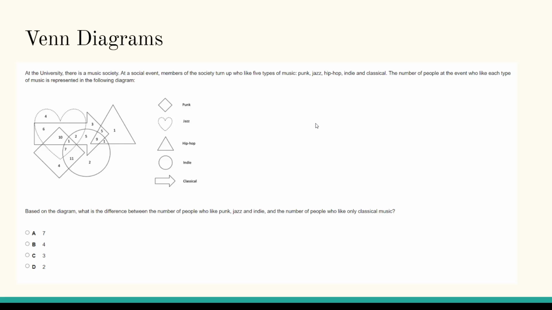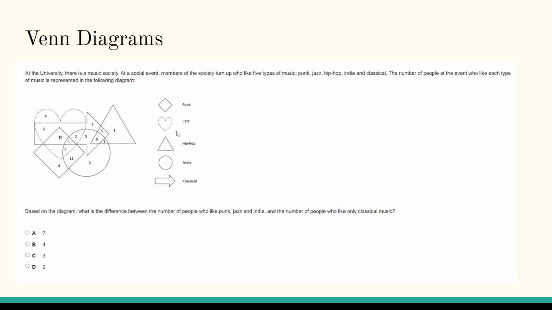Okay, so based on the diagram, we have to find out the difference between the number of people who like punk, jazz and indie and the number of people who like only classical music.